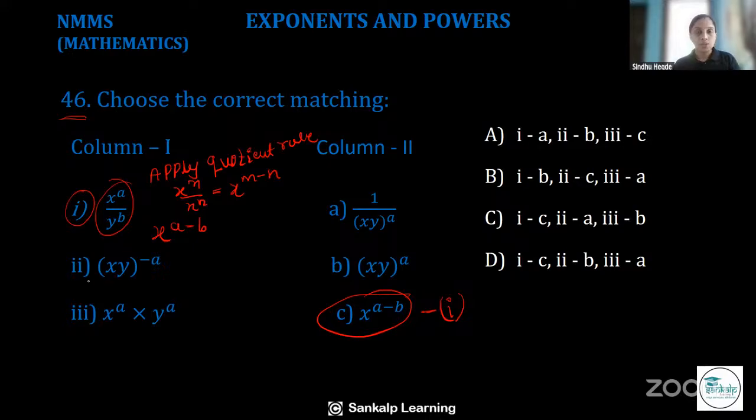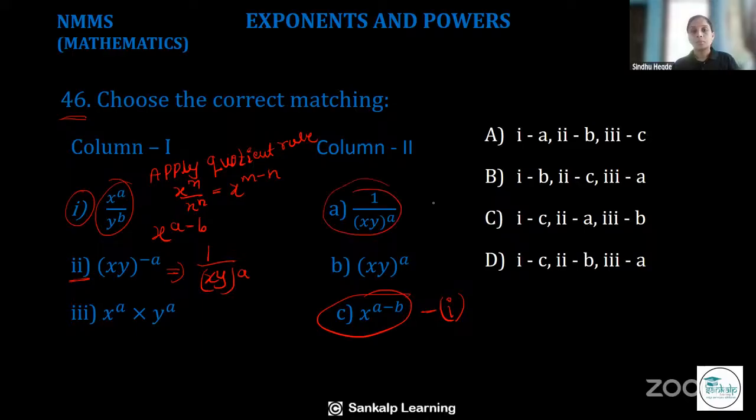Next, the second one, (xy) whole raised to minus a. So it is 1 by (xy) raised to a, because minus indicates the inverse. So the inverse of xy is 1 by xy, whole raised to a.